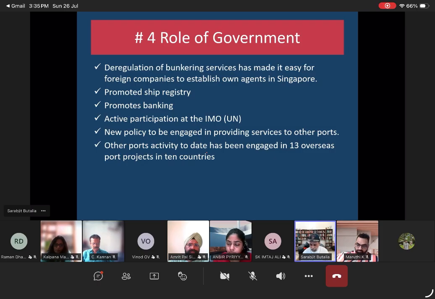It promotes banking, with active participation in the UN, involved in the various policy making. And as I mentioned, they have ports overseas also. Like Dubai Ports, it's the same model. Dubai Ports is also managing ports the world over. Plus, I was doing another case study. They have ports in Rwanda, which is a landlocked country.